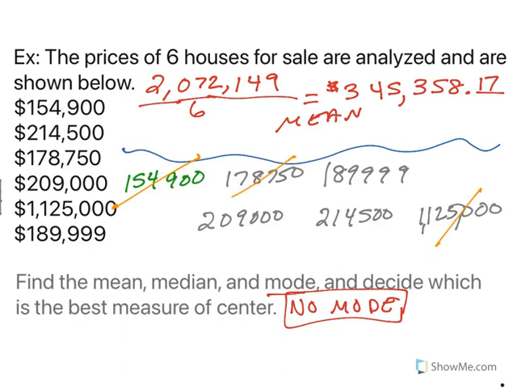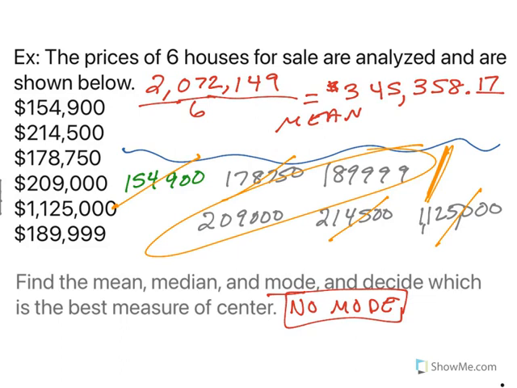So then I cross out 178,750 and cross out 214,500. Now I have 2 numbers in the middle, the 209,000 and the 189,999. So the median is going to fall right between those. I take the average of those 2 numbers.